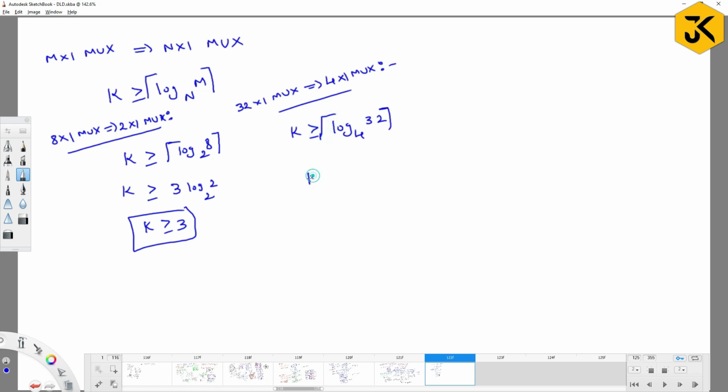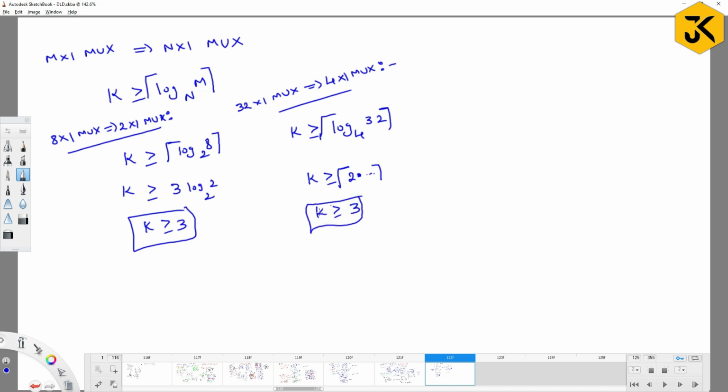What might be the value? 4 square is 16, 4 cube is more than that value, right? So it is 4 power 2 point something. So the k value should be 2 point some value, so can I say that it should be the ceil, right? So k should be greater than or equal to 3.